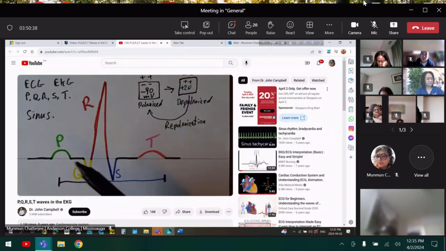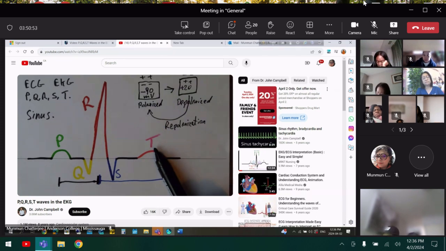And a sinus rhythm has got a P, Q, R, S, T in the right order, and is fairly regular. If there's a P, Q, R, S, T in the right order and it's fairly regular, but the rate is below 60, that is a sinus bradycardia.